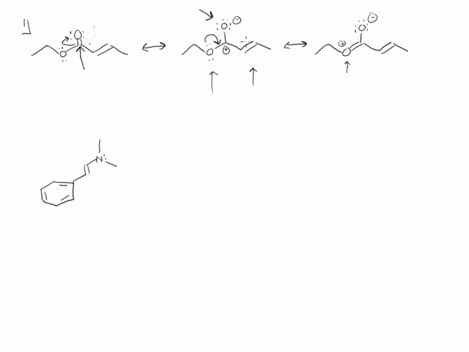Now to do that we need an arrow that looks kind of like this dashed arrow. I'm not going to draw it from here because it gets confusing when we try to do several resonance patterns from the same molecule. But I can draw that same arrow here, but of course if I stopped there, this middle carbon would get 5 bonds. So I need to push electrons back to the left oxygen.